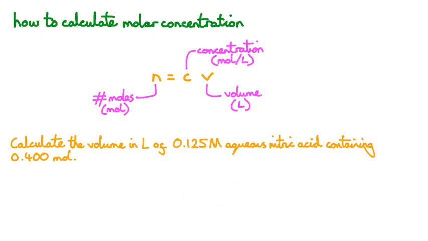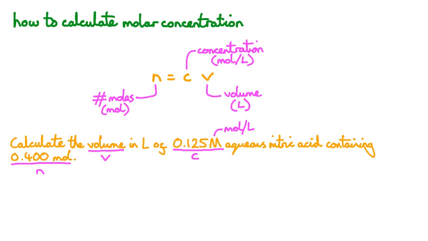Now let's look at an example where we need to rearrange our equation. Calculate the volume in litres of 0.125 molar aqueous nitric acid containing 0.400 moles. Here we're given the concentration c, remembering that molar means moles per litre, and we're given n, the number of moles. We're being asked to find V, the volume.